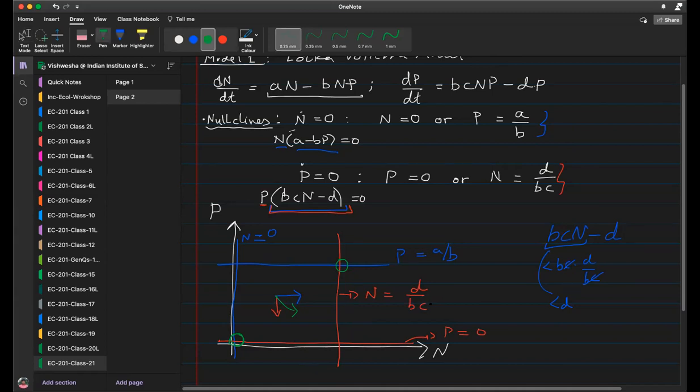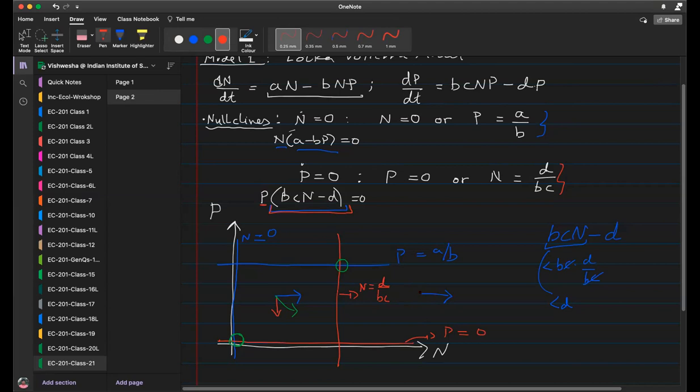Okay, now let us look at what happens in this region. I have written this too big, let me make it a bit smaller. This n is equal to d by bc. Now again, what happens to n dot in this region? It's below this blue line again, so it continues to be this way. What happens to the predator growth in this region? It was negative here.